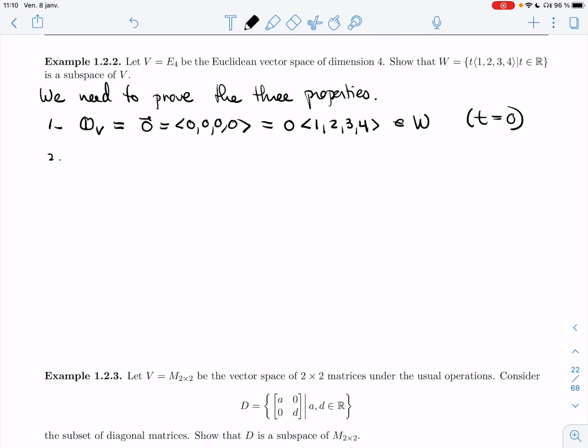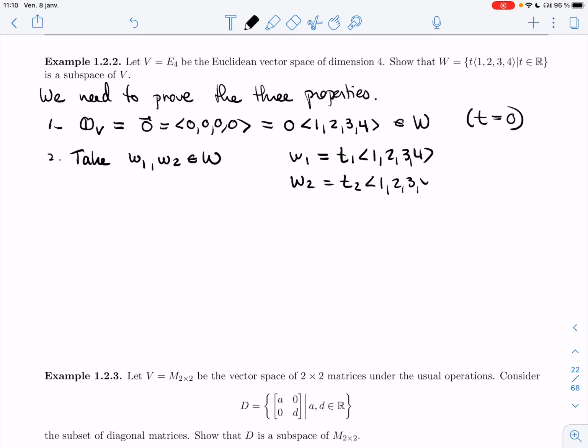Second property, I need to take two elements of W and show that their sum is also in W. So I'm going to take W1, W2 in W. So they're in W. That means they can be written as t times (1, 2, 3, 4). I'm going to call them T1 and T2, for one specific T1, T2, I don't know them.